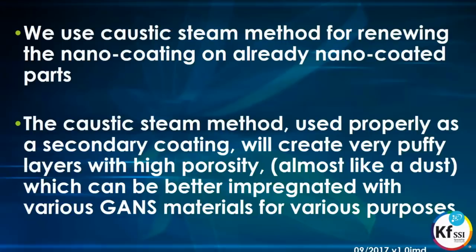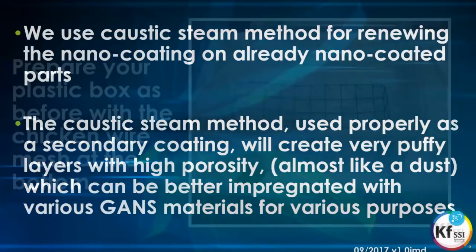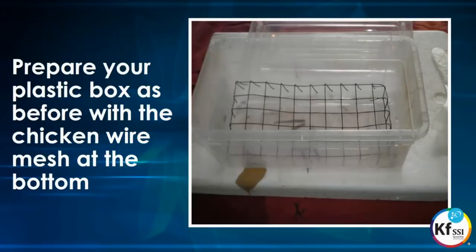Thanks, Sandor. All right, so as before, you need to prepare everything in advance because when you're dealing with the caustic, don't try and start halfway and then run around trying to find all your other bits and pieces. So get everything prepared. You have your box with your chicken wire mesh at the bottom.